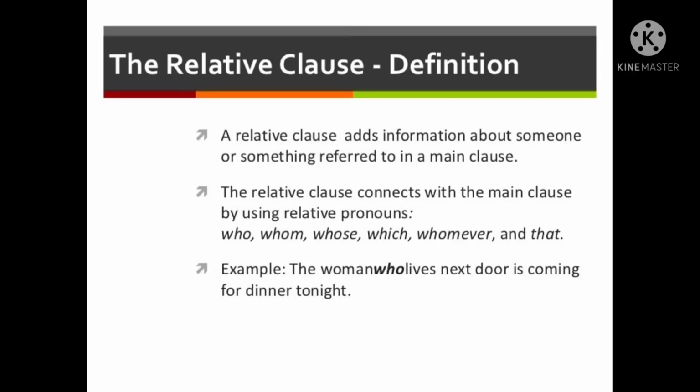A relative clause. A relative clause is one kind of dependent clause. It has a subject and verb, but can't stand alone as a sentence. It is sometimes called an adjective clause because it functions like an adjective.